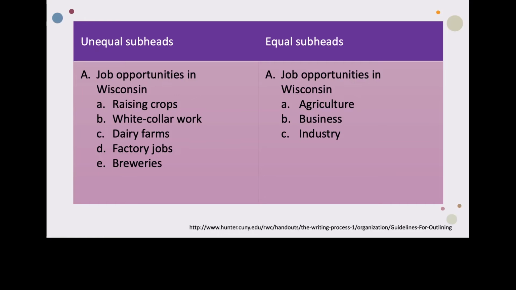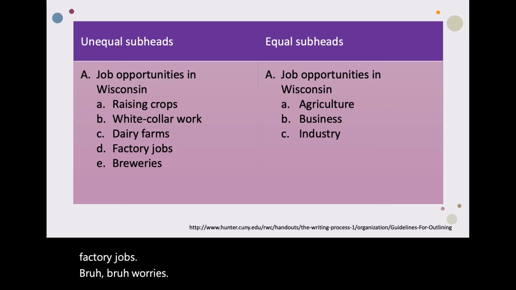Okay. So, unequal subheads: job opportunities in Wisconsin, raising crops, white collar work, dairy farms, factory jobs, breweries.